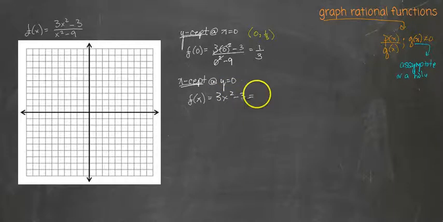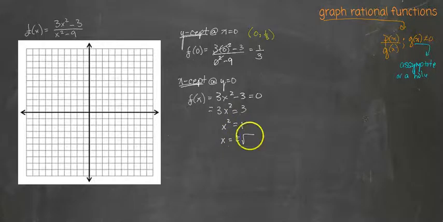If I let just the numerator equal 0, I will find the x-intercepts. So that would be 3x squared equals 3, x squared equals 1, 3 divided by 3, and so x equals plus or minus the square root of 1, which equals plus or minus 1. So now I know where the two x-intercepts are. They're at 1, 0, and at negative 1, 0.